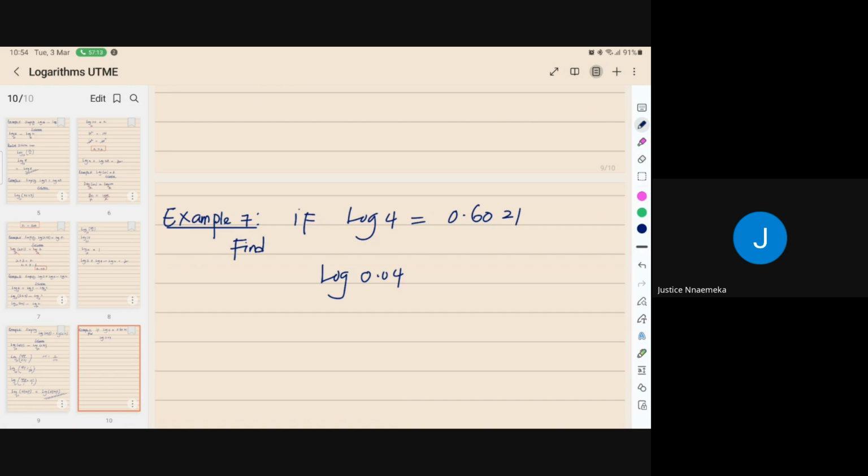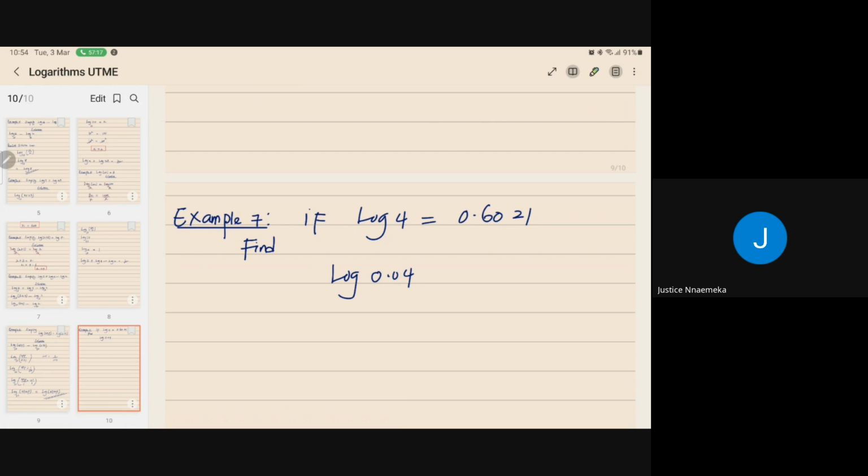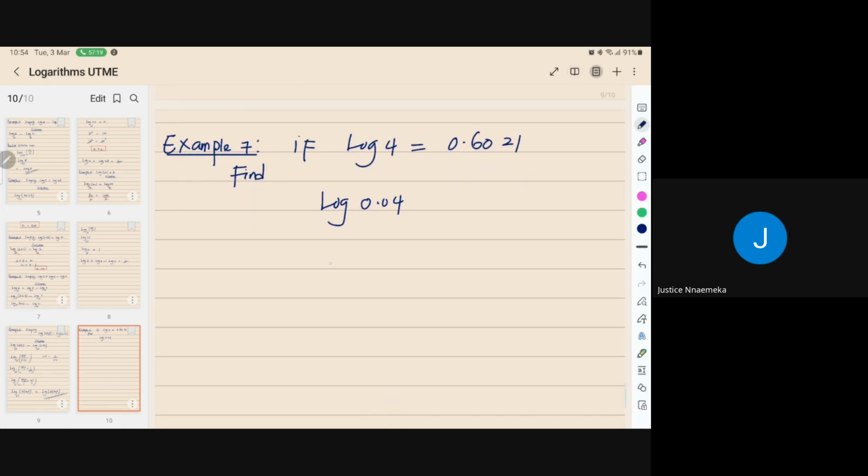Now, one key thing that we can do here is that remember that we have something key here. Solution. That log 0.04 is the same thing as saying, if I bring in subtraction now, I think that would work as well.